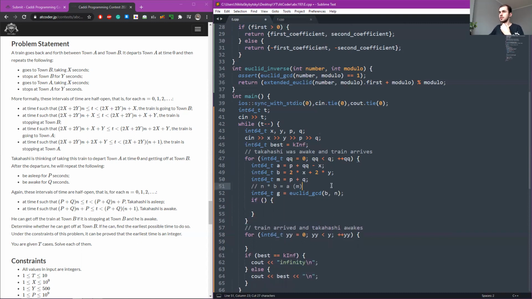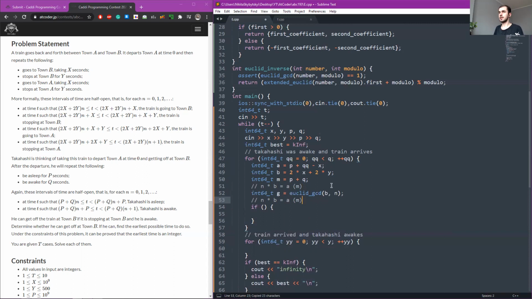What do we do? We take GCD and we say, okay, now we are going to solve this equation. Well, actually, so if a modulo g equals 0, it has to be divisible, right?